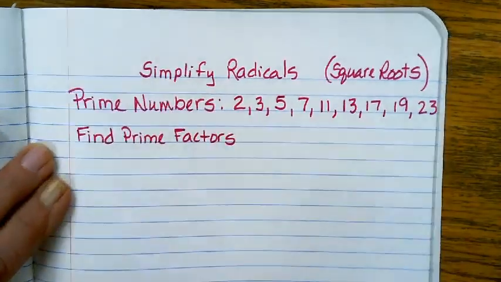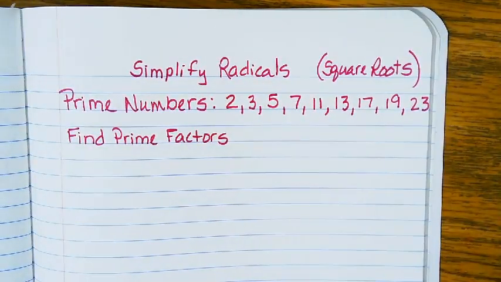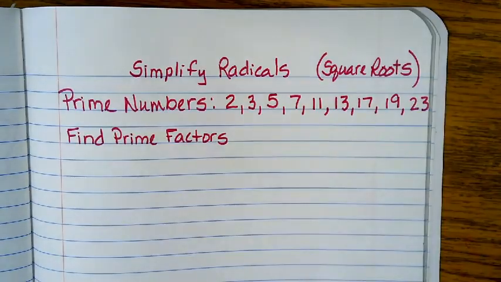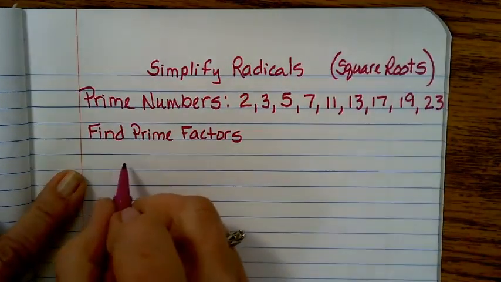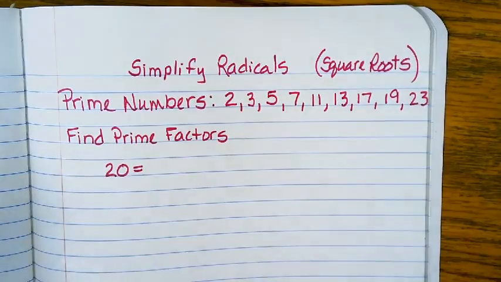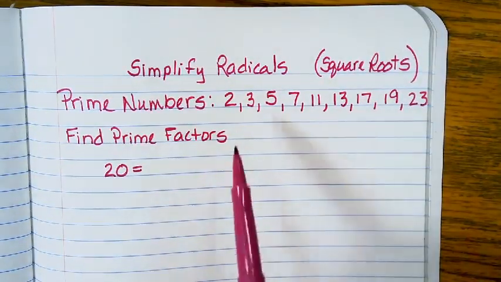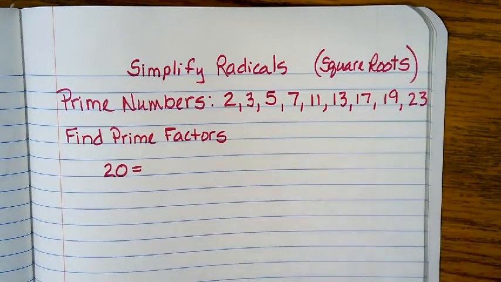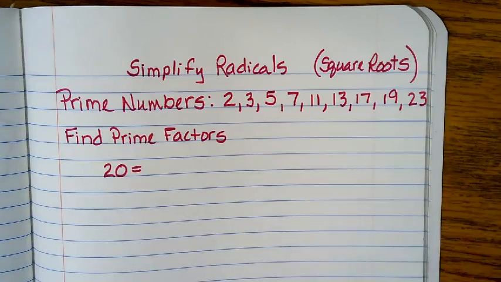So we're going to find the prime factors of a number. So say like 20. We want to find out which of these numbers all multiplied together will equal 20. So there's two ways to do that. There's something called a factor tree.